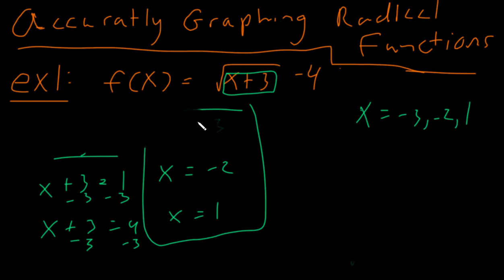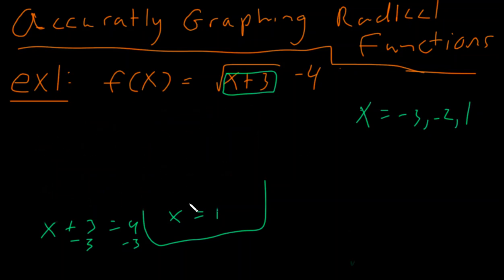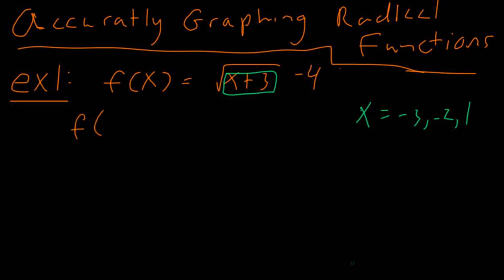With that out of the way, we can start plugging these in and finding our outputs. I have f of x is equal to the square root of x plus 3, minus 4, where my very first x value will be negative 3.